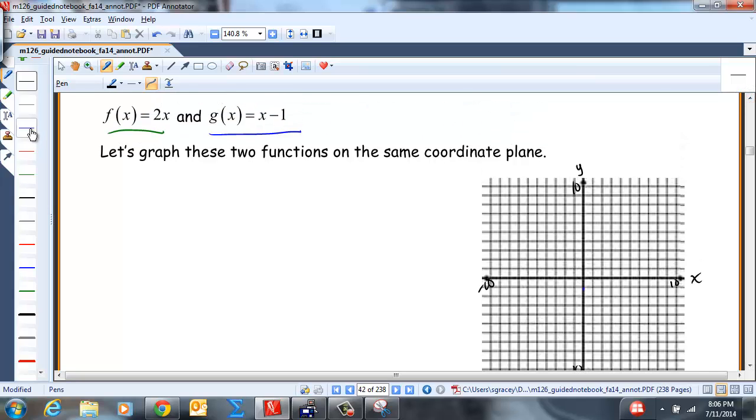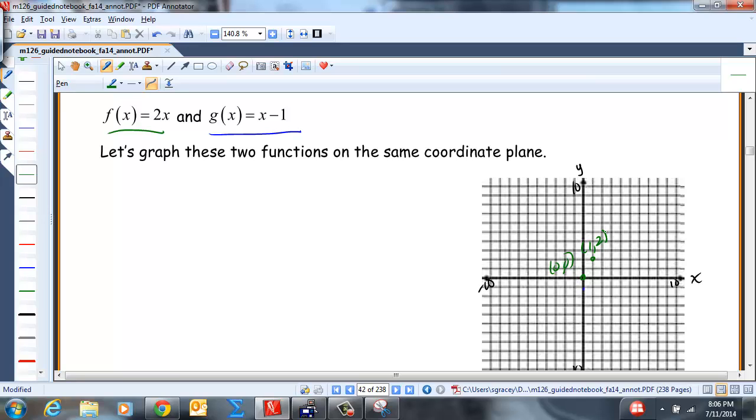So here we go. f at x equal to 2x, we'll have ordered pairs at 0, 0. And when x is 1, we'll be at 1, 2.